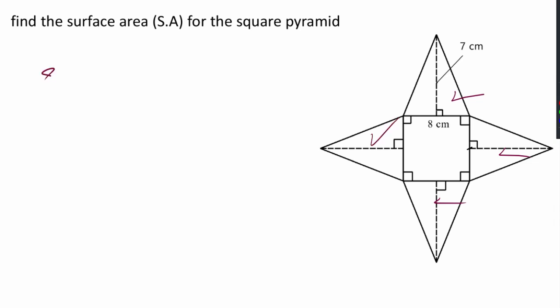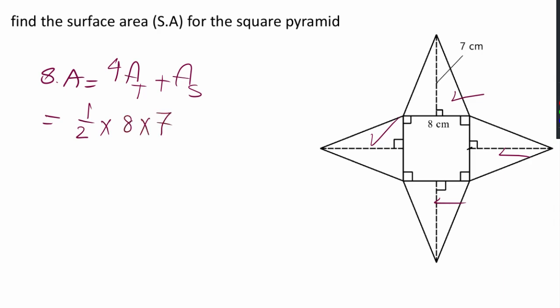So the area will be 4 area of triangle plus area of square. Area of triangle equal half times base, which is 8, times height, which is 7, times 4, plus area of square. Square means that two consecutive sides are equal. 8 times 8.